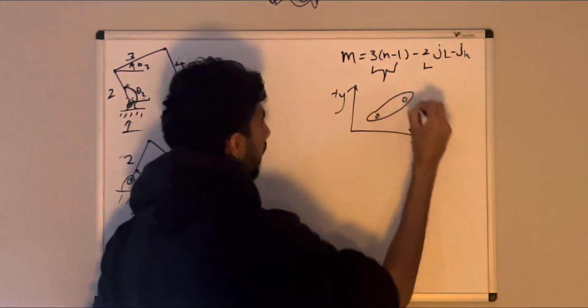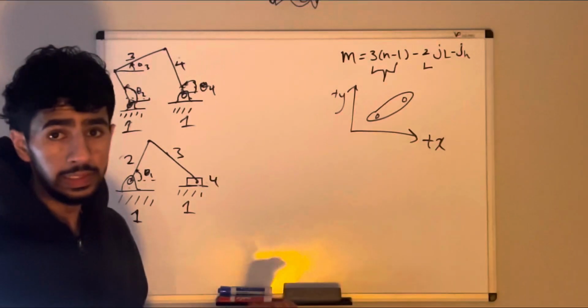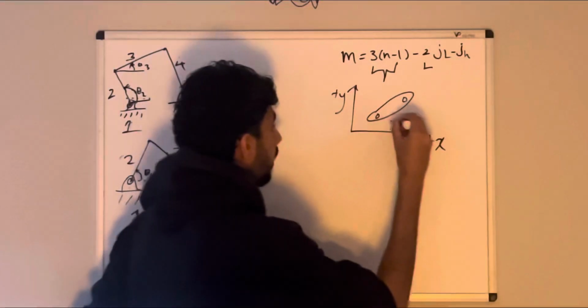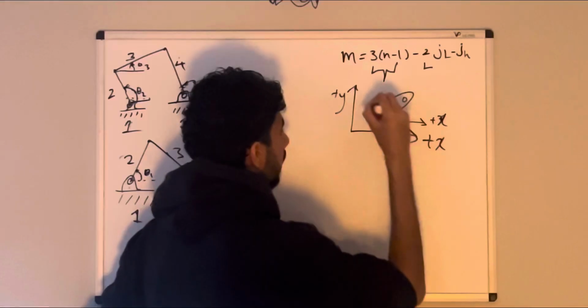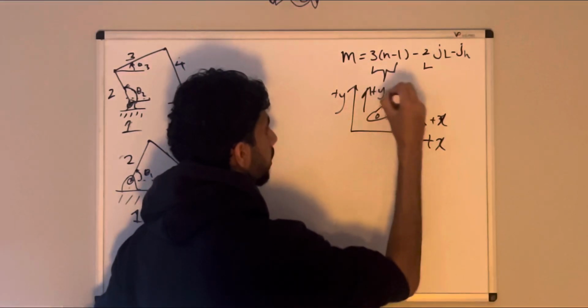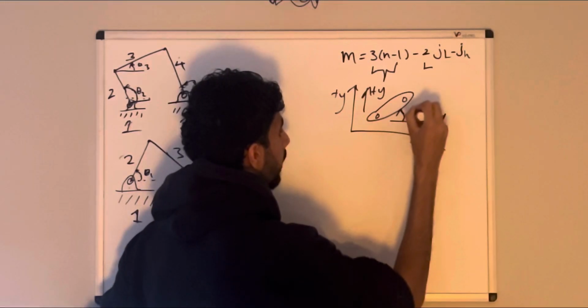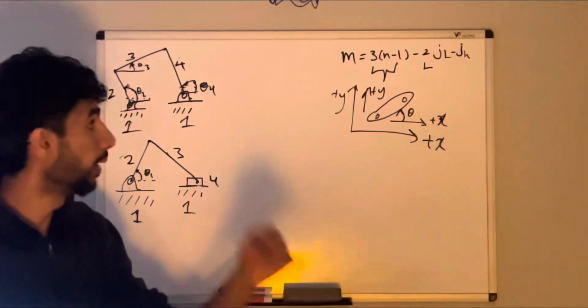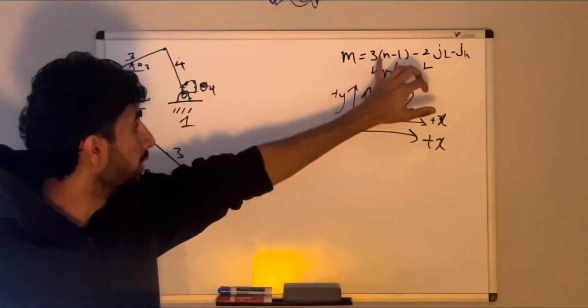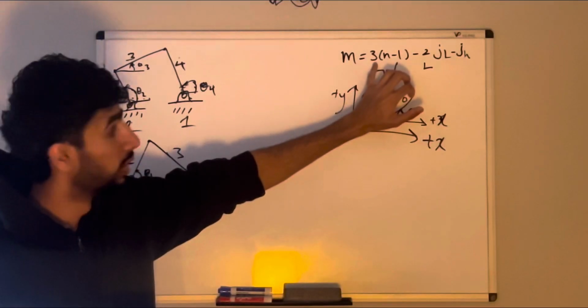This link is capable of undergoing linear x motion, linear y motion, and rotational motion. So 3 degrees of freedom. That's where you get this 3 from in the beginning of the equation.